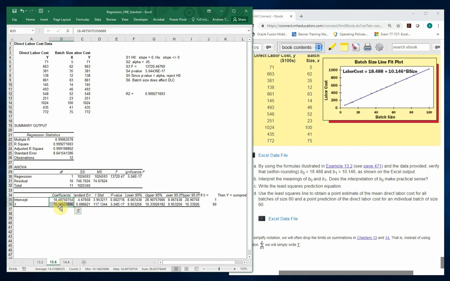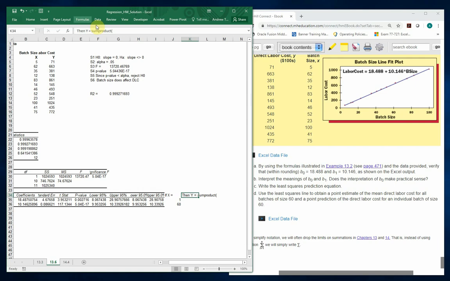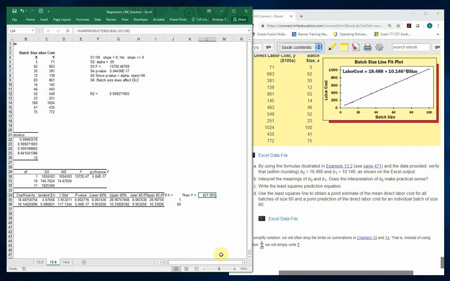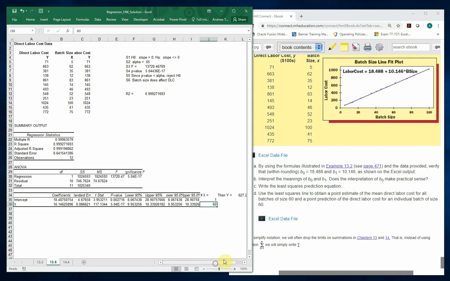These two numbers against these two numbers. That would be my labor cost if my batch size is 60. All right, so that's that one.